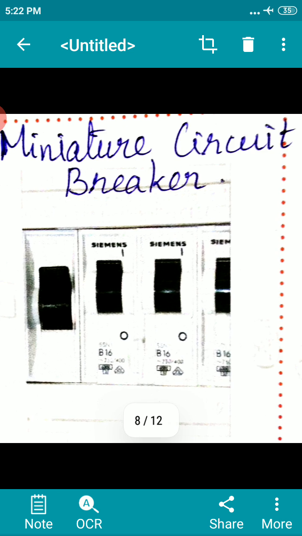A fuse is a safety device used in an electric circuit. An electric fuse prevents a large amount of current from flowing into any appliance or device as it cuts off the supply of electric current, thus preventing further damage.